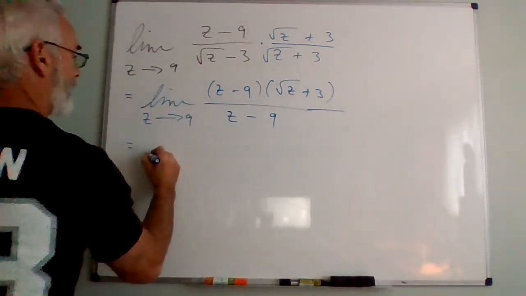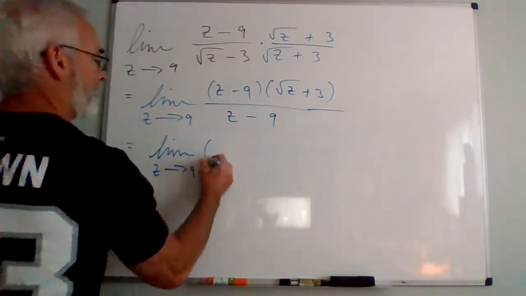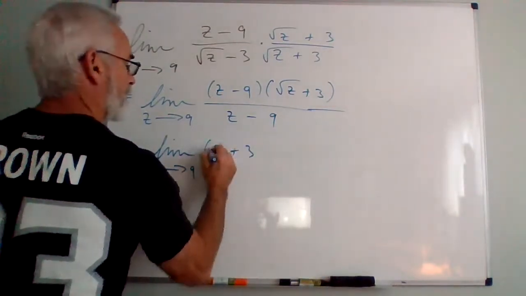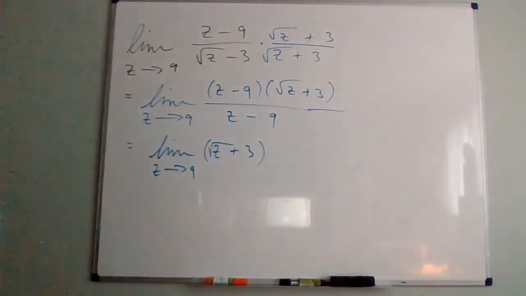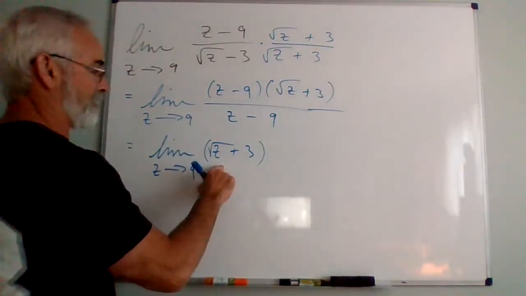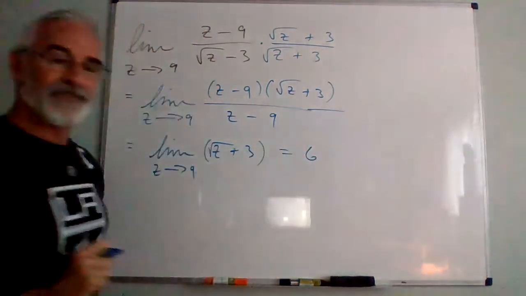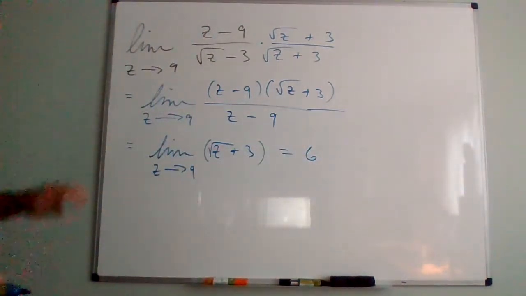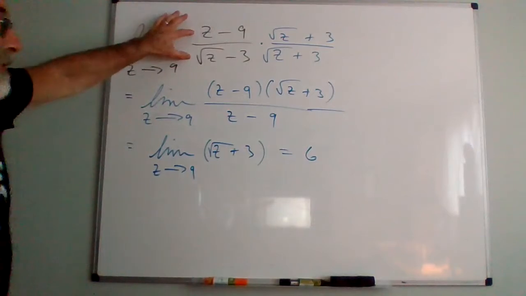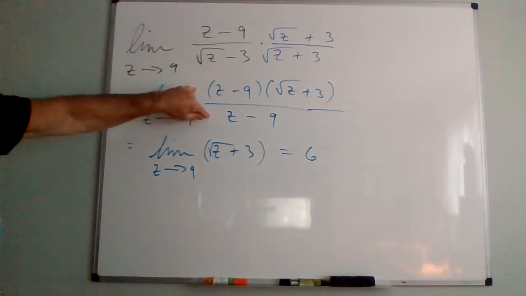So this would leave me with the limit as z approaches 9 of the square root of z plus 3. And that's very nice because I can evaluate this expression. So square root of 9 plus 3, that would simply be 6. And what makes this nice is this was not a rational function, but we still had a factor and cancel scenario by using the conjugate.